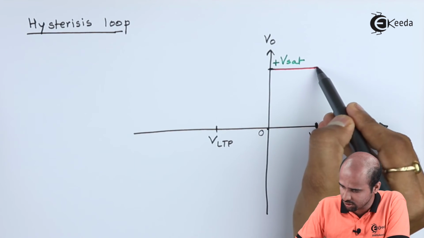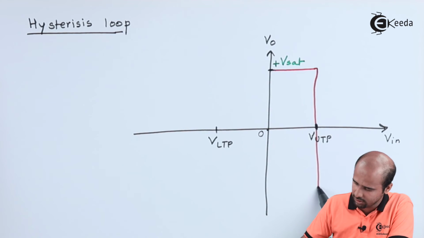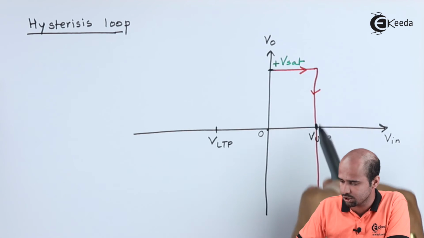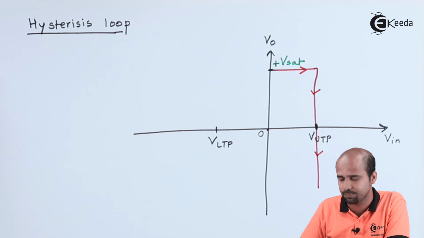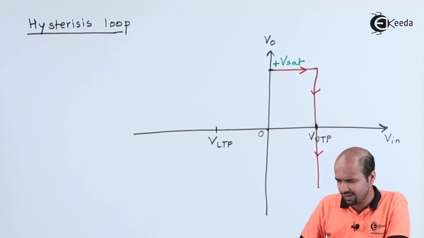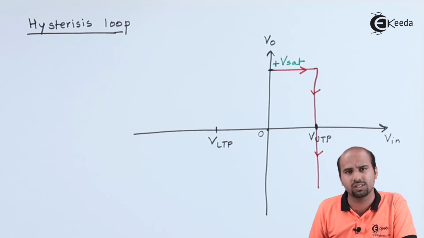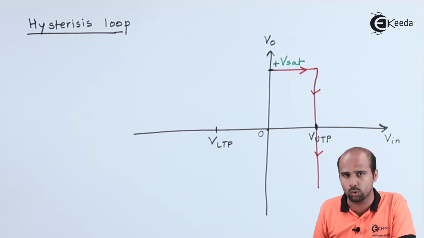So at this particular point of Vin is equal to VUTP, there is sudden transition from plus Vsat to minus Vsat, right? Then if I try to increase the value again beyond the value of VUTP, the value will be constant, right? The value Vin will not go to infinite value, right?